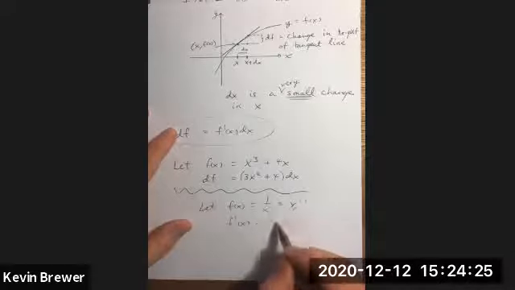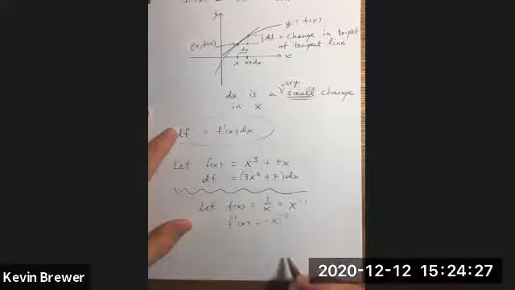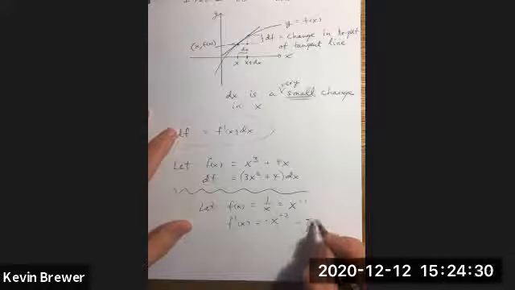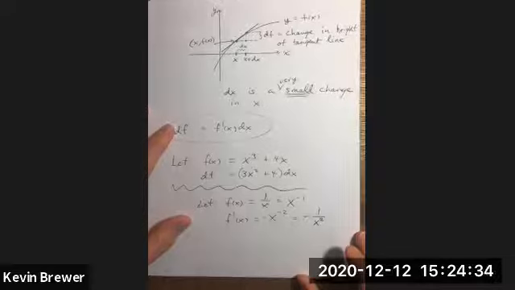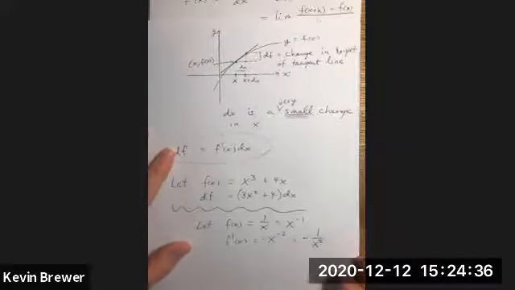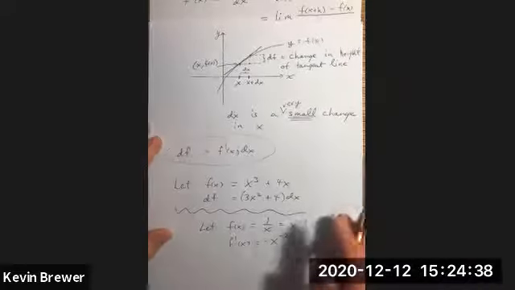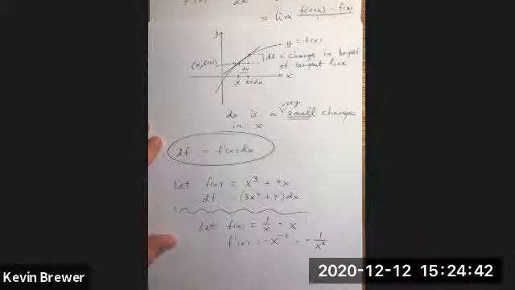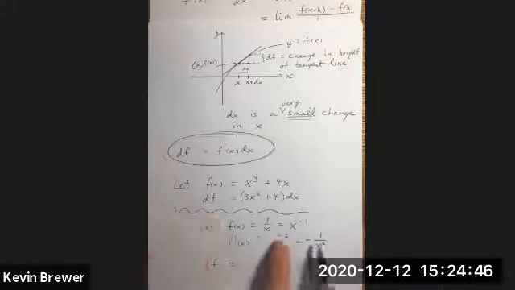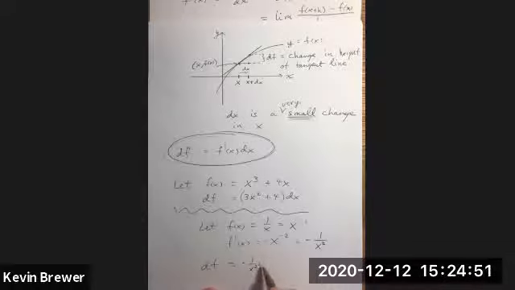It's minus x to the minus 2, so maybe we could simplify that as minus 1 over x squared. And again, if we want the differential, we apply the same formula. df is equal to f prime of x, which is minus 1 over x squared, times dx.